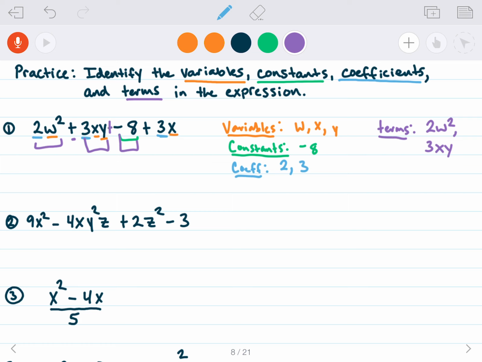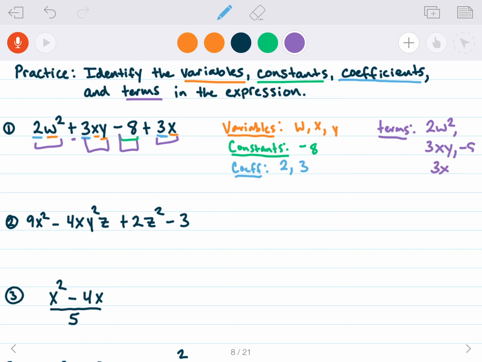Remember from a few videos ago, a plus and a minus makes a minus. So this is actually plus the term -8. So the next one is -8, followed by 3x.